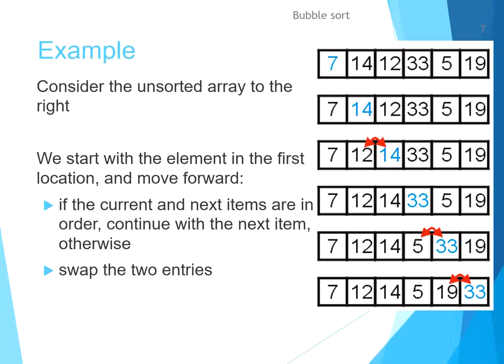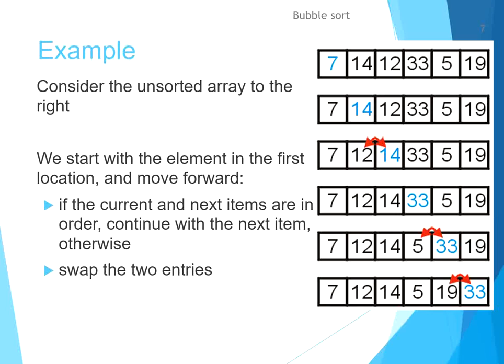In the next step we compare 12 and 14. We see that 14 is greater than 12, so we swap them, and then we compare 14 with 33. It's already in order.